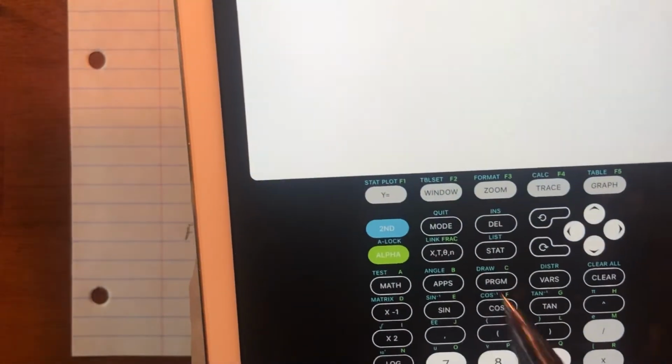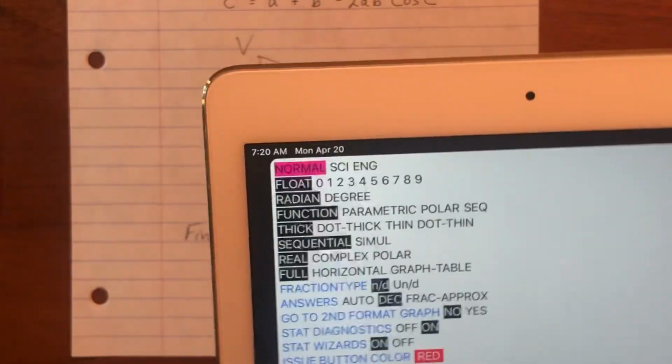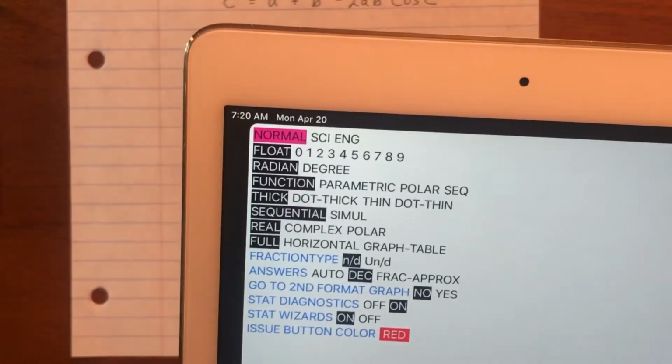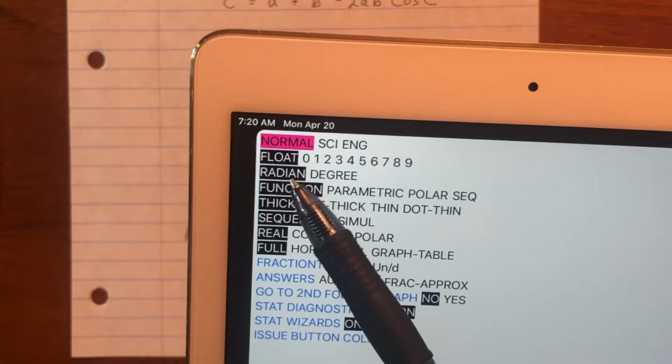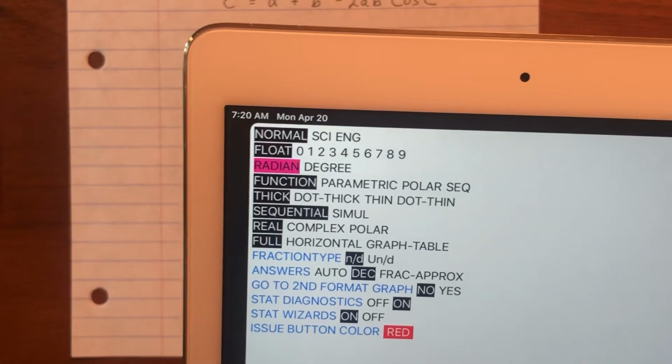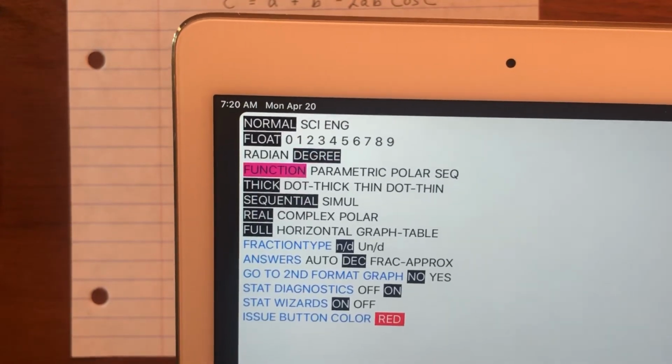Let's see here. First thing you want to do is make sure that you're in the correct mode. So I'm going to, again, hit the mode button and make sure that I'm in degrees, because whenever I turn this calculator off and turn it back on, it likes to revert back to radian measure, and we're going to be using degrees again today. So let's change that to degrees before we start.